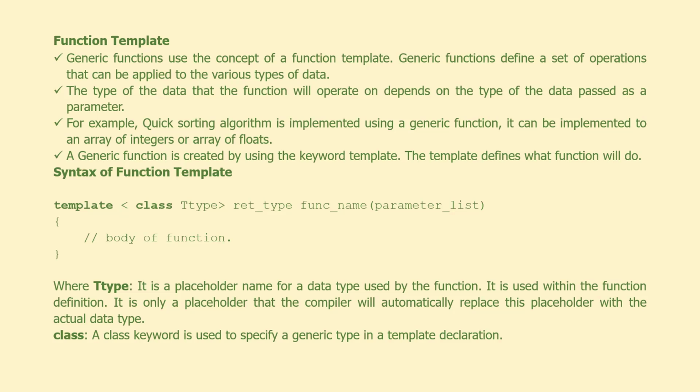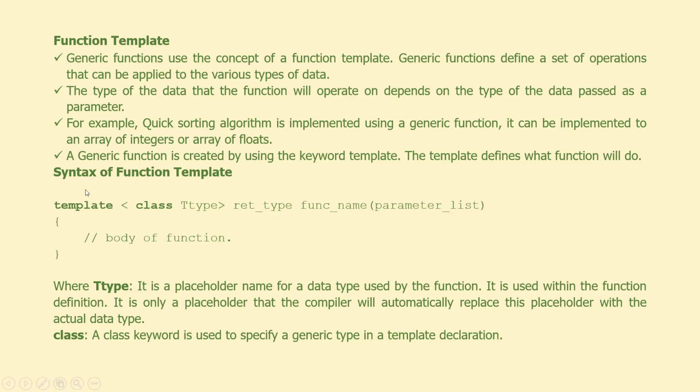The type of the data that the function will operate on depends on the type of the data passed as a parameter. For example, the quick sorting algorithm is implemented using a generic function. It can be applied to an array of integers or an array of float values. A generic function is created by using the keyword template. The template defines what the function will do.